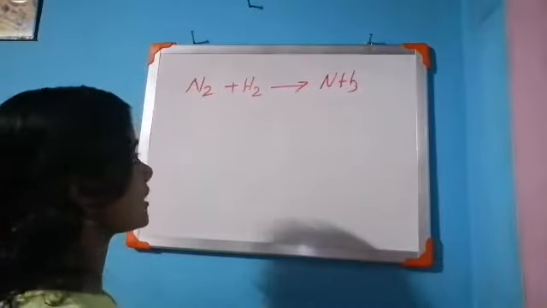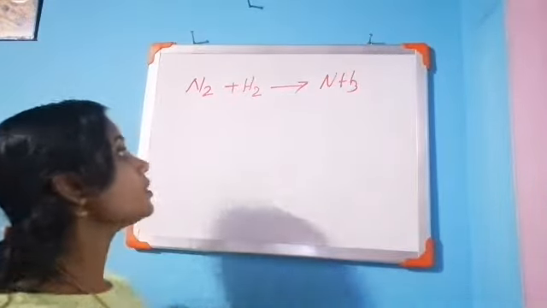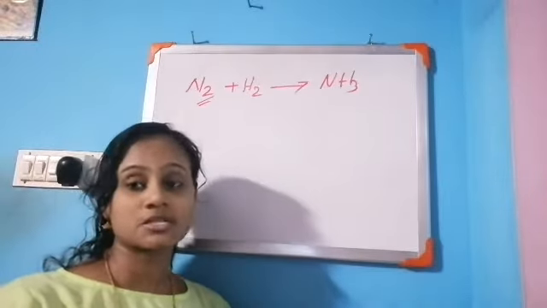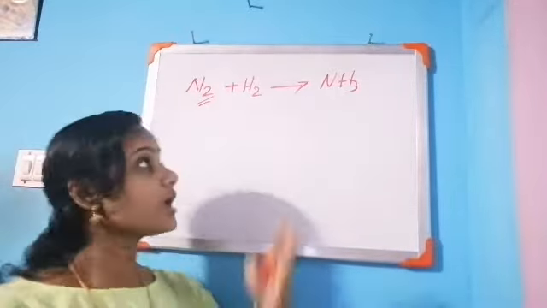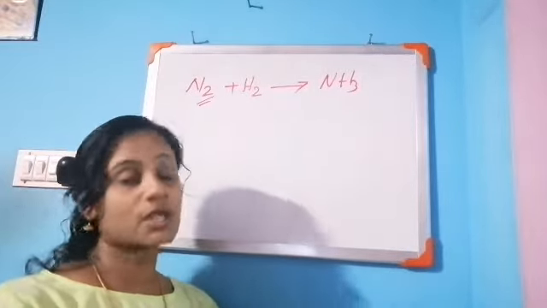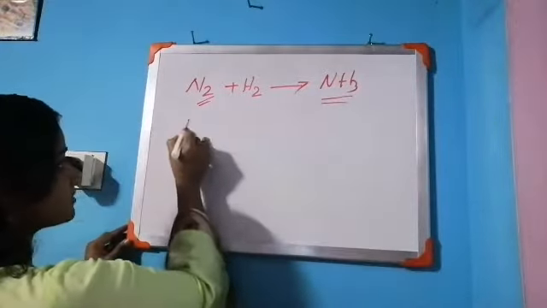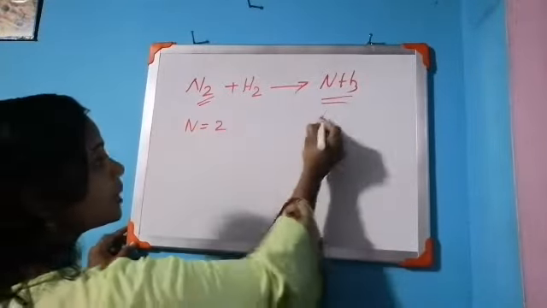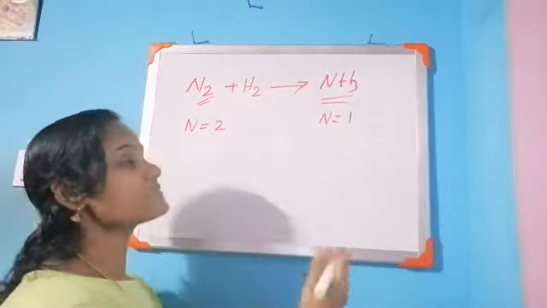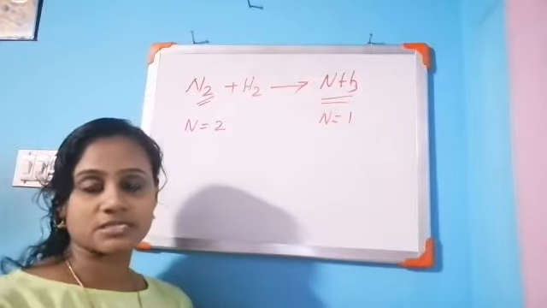So we can check whether this equation is balanced or not. Nitrogen on the left side, the reactant side: how many nitrogen atoms? 2. In the product side, how many nitrogen? 1. Which side has fewer nitrogen?